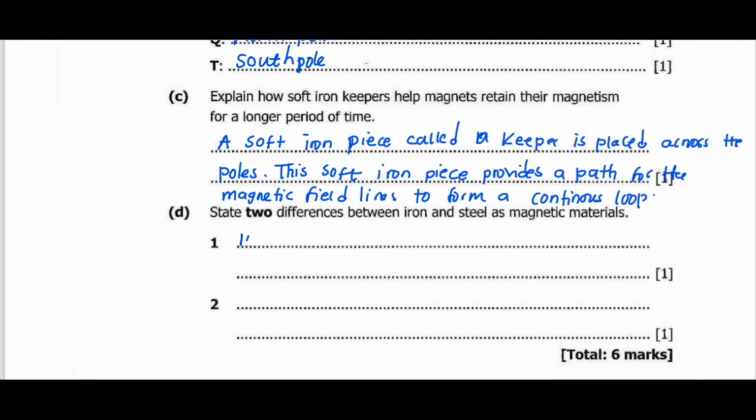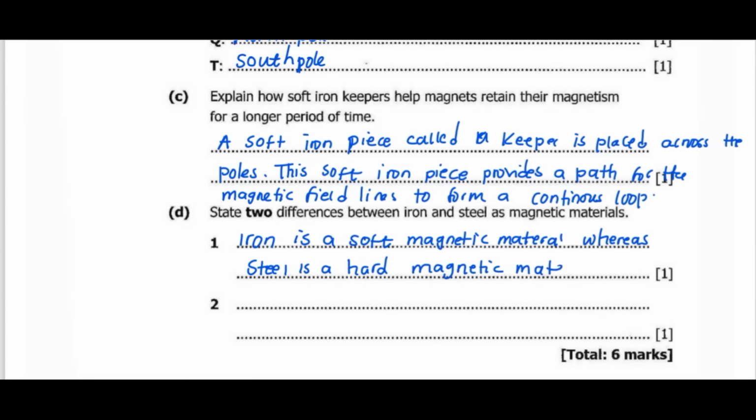The first one: iron is a soft magnetic material, whereas steel is a hard magnetic material. So that is the first difference.